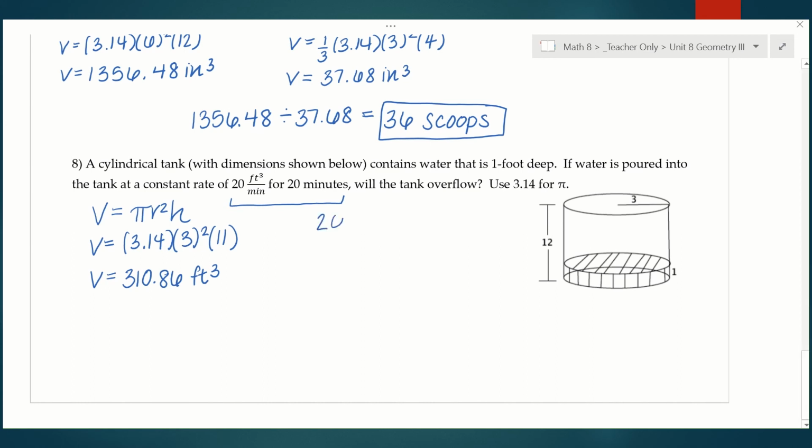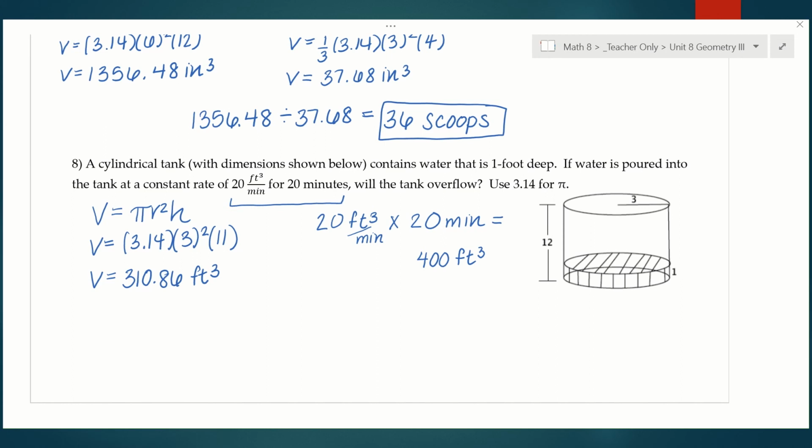There's 20 cubic feet going in per minute and I'm letting it fill for 20 minutes, so I will get how many cubic feet total will be filled. 20 times 20 is 400. In 20 minutes, I'll be adding 400 cubic feet.